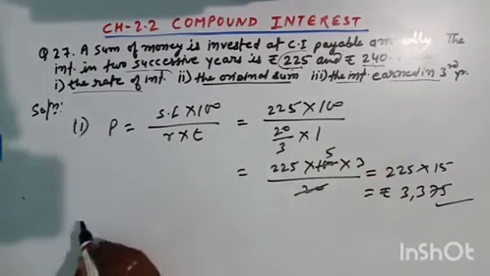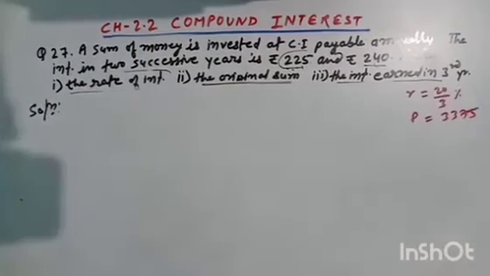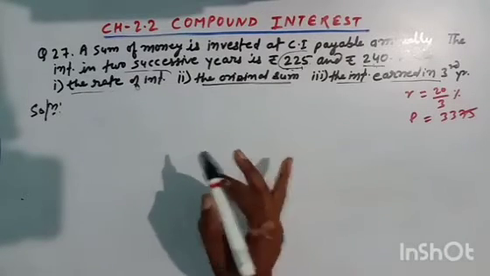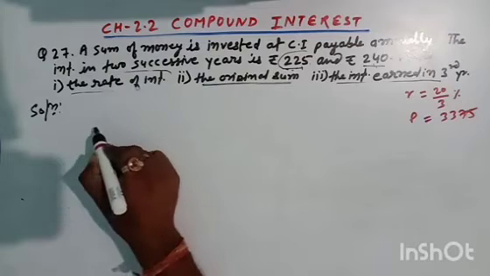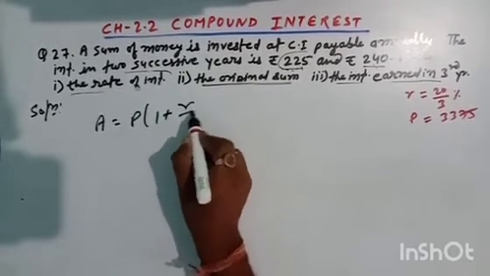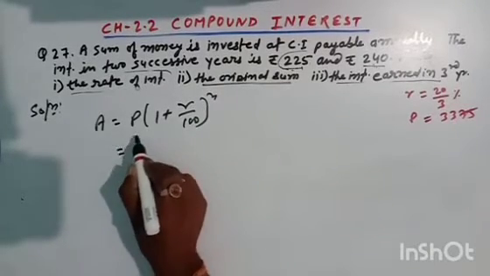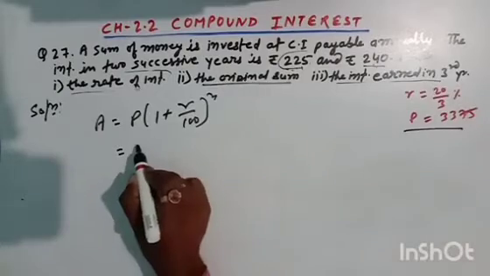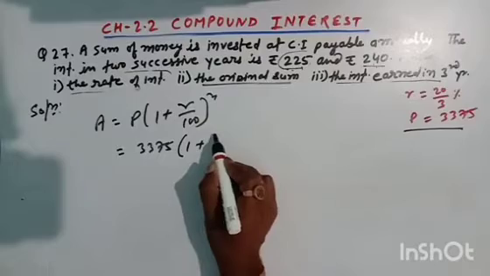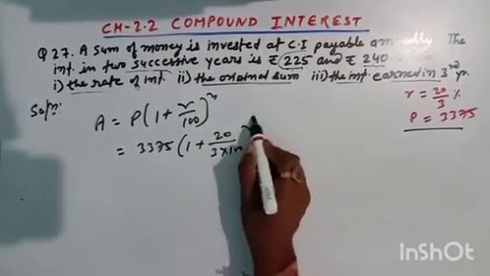Now the third part. First we will calculate the amount after 3 years. The amount formula is A equals P into 1 plus R by 100 to the power n. The principal, the original one, is 3375, and 1 plus R by 100 is 1 plus 20 by 3 into 100, to the power 3.